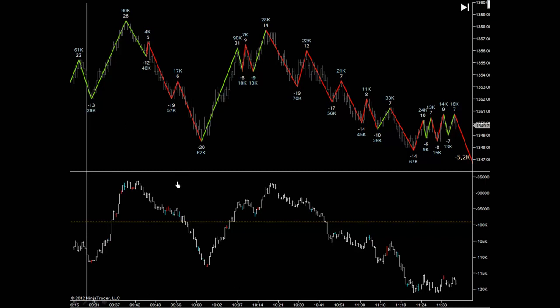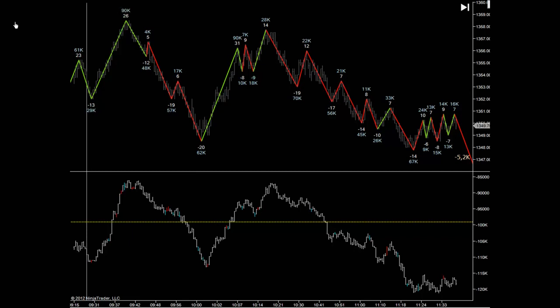So let's look at this first swing down. Okay, we've got a high of around 1359 here, and we end up moving all the way down to 1348. So as well as the cumulative delta, we're also going to take a look at the volume and some of the other things that we've identified as being essential to spot a reversal.